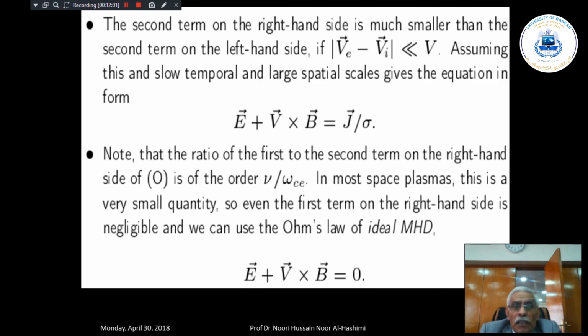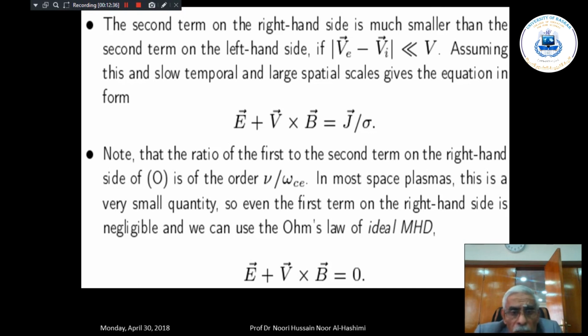The second term on the right hand side is much smaller than the second term on the left hand side if V e minus V i is much less than absolute V. Assuming this and the slow temporal and large spatial scale give the equation in the form E plus V cross B equal J over sigma.